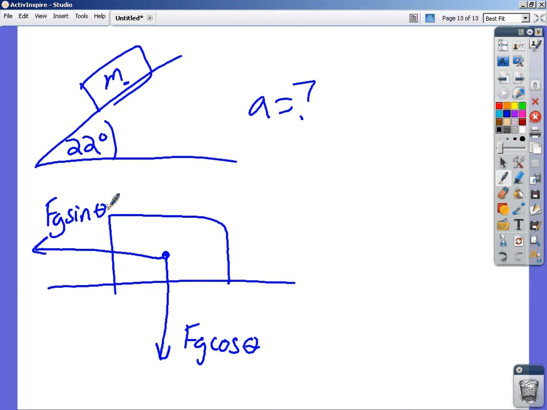See, we don't have to know the mass. So A is equal to 9.8 sine of 22 degrees, and that's how you get the answer. That's essentially the first step in an inclined plane problem. It's not that hard. If it has friction, we just subtract the cosine theta term. We're about to do that.